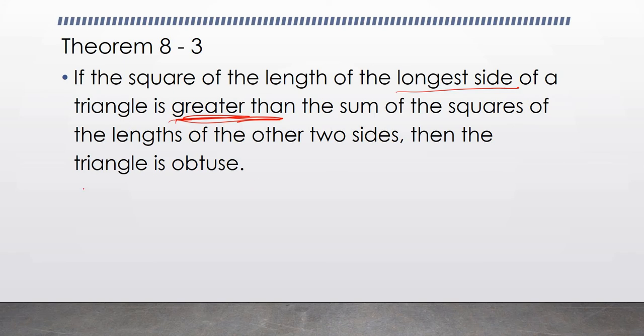So if I have a triangle with side lengths 6, 11, and 14, I'm going to take the longest side, and I'm going to say 6 squared plus 11 squared, and I don't know yet whether it's going to be equal to, greater than, or less than, so I'm going to leave the symbol blank and put 14 squared on the right.